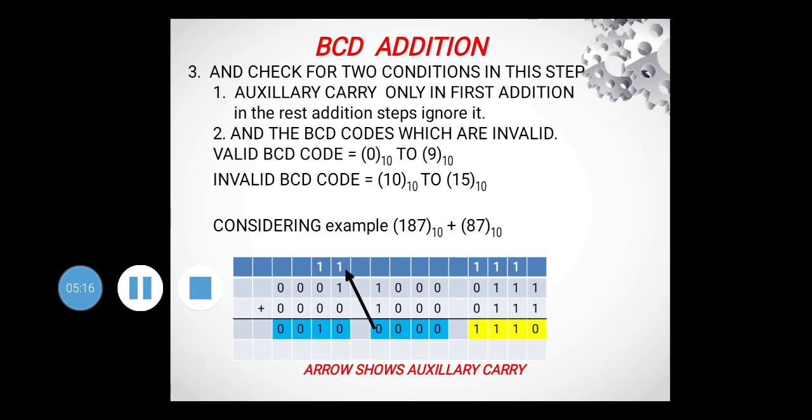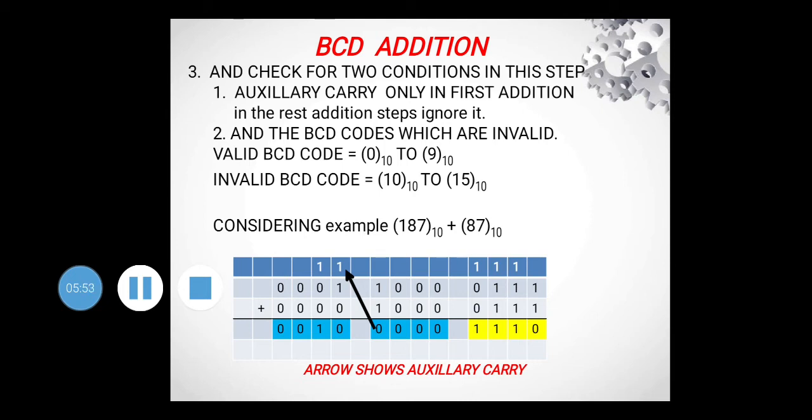Now what do we mean by auxiliary carry? First you have to understand that BCD code is a representation in 4 bits of binary. As I have shown in this table, I have added a space between every 4 bits. So when you are adding the first 4 bits, after addition you will get the result in 4 bits, or you will get the result in 4 bits and one extra bit will be generated, that is called carry.